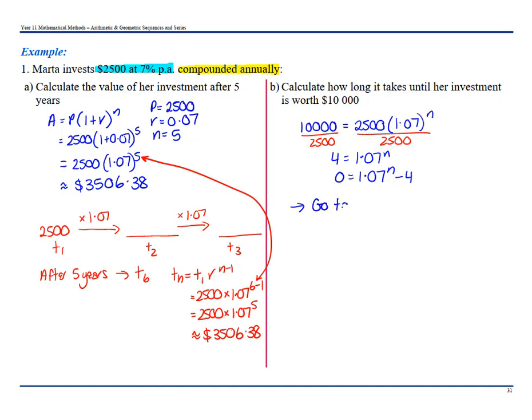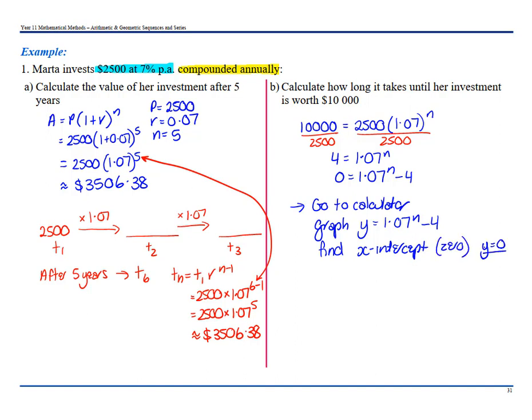So go to calculator, graph y equals 1.07 to the n minus 4, and find the 0 or x-intercept. Okay, meaning that y equals 0. And you will get that n equals 20.5.